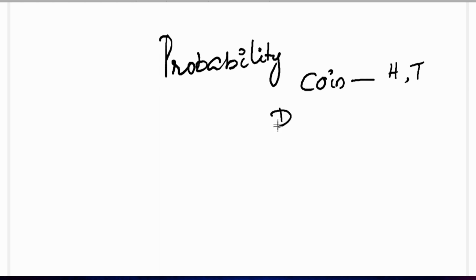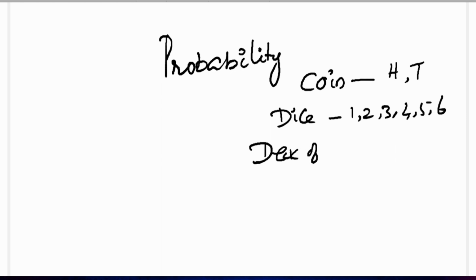When the die is thrown, the outcomes are either 1, 2, 3, 4, 5 or 6. When you consider a deck of cards, there is a possibility of selecting, maybe, face cards, correct?